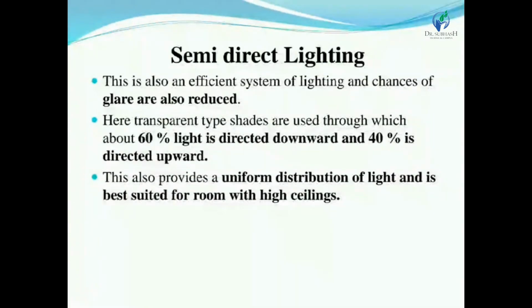Here transparent glass shades are used through which about 60% of light is directed downwards and 40% is directed upwards. This also provides a uniform distribution of light, and is best suited for rooms with high ceilings.